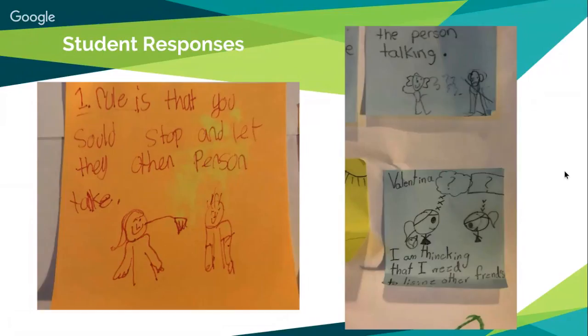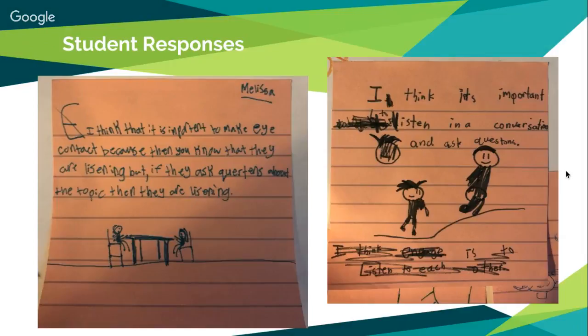Another one said, I am thinking that I need to listen to other friends. What I love about their responses is that they're so perceptive of what it really means to be engaged in a conversation. They know how it feels. They know what it looks like.